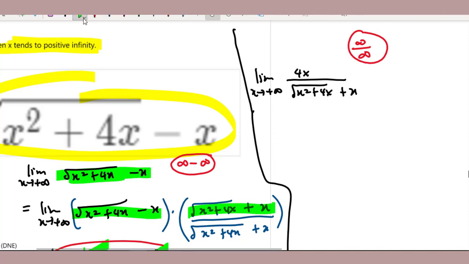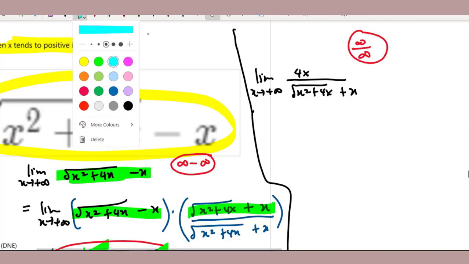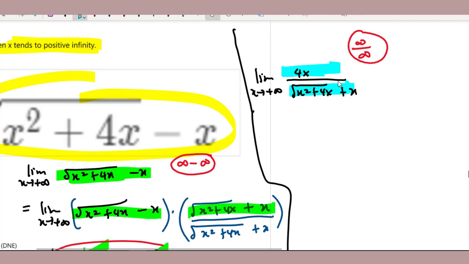This is a polynomial over a square root, and x tends to infinity. In this case, for the polynomial part, you have to divide by x, and for the square root, you have to divide by the square root of x squared.